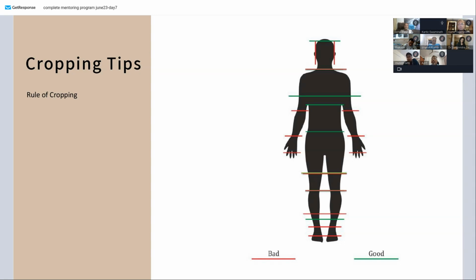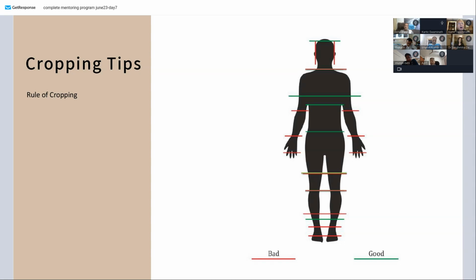Because what happens if you crop at the human joint, say for example exactly at the elbow, it looks very abrupt and it gives the impression that the subject has no hands. If you crop at the joint of your legs, the knee, then it looks like the subject doesn't have any legs.